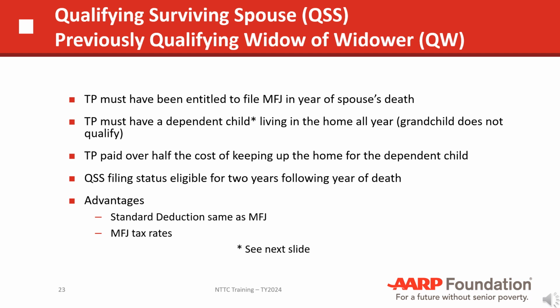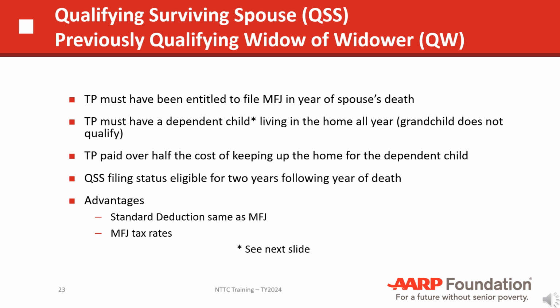Qualified surviving spouse filing status is eligible for 2 years following the year of death. So only 2 years they are able to use this QSS filing status after the year of death. The year of death, they would be married filing jointly, but after that, as long as they have that qualifying dependent child, then they can file qualifying surviving spouse.